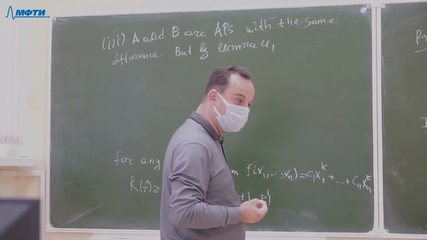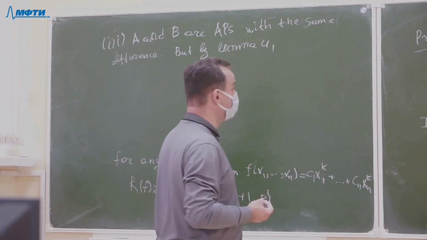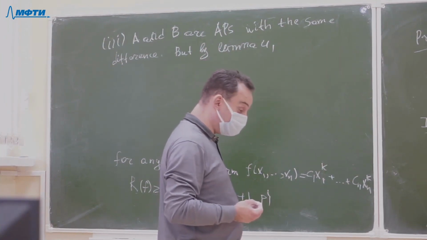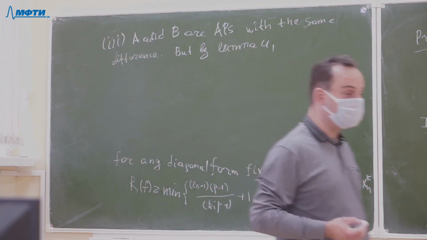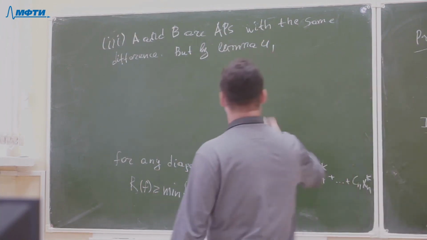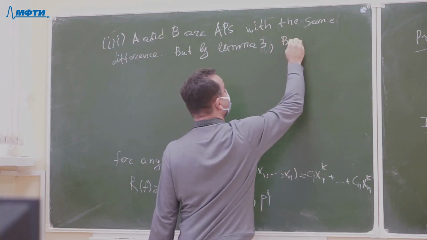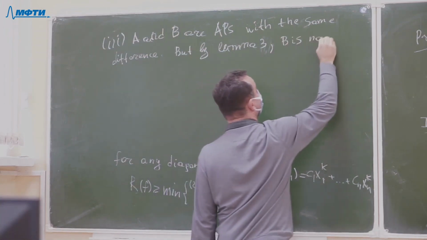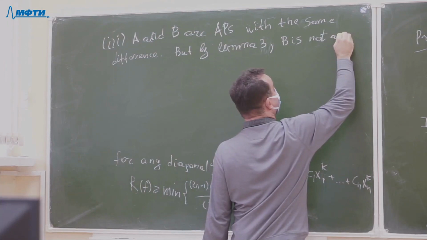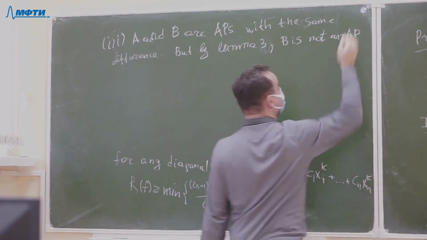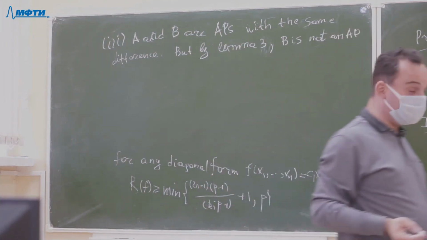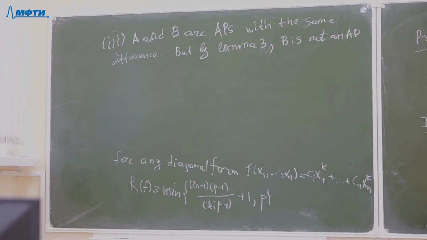Lemma 3, lemma 4, it's AD equals AK, right? So B is not an arithmetic progression. None of the 3 cases from Vosper's theorem holds.